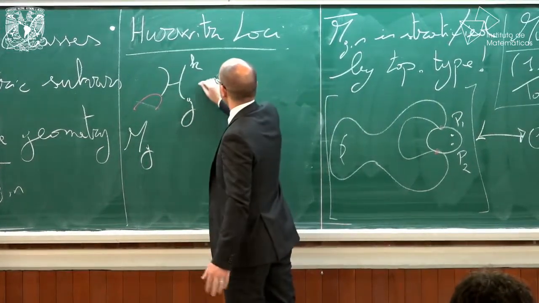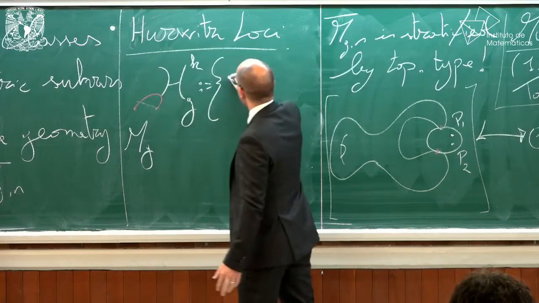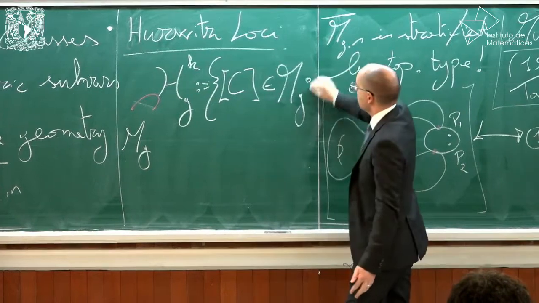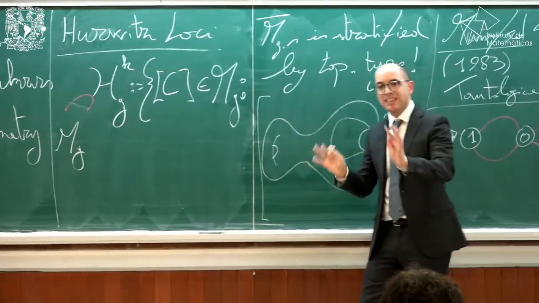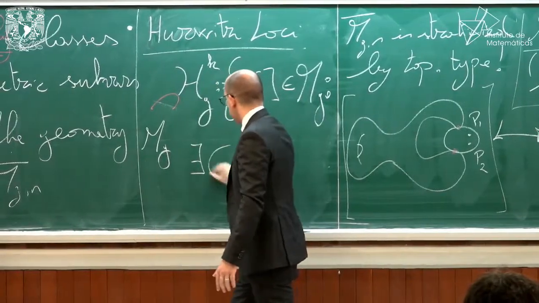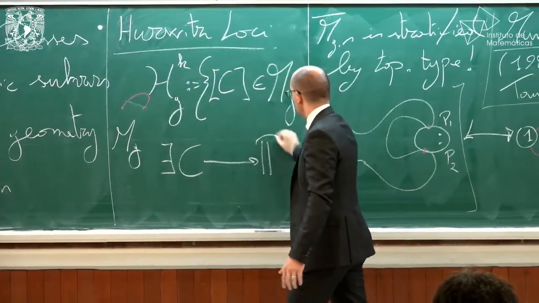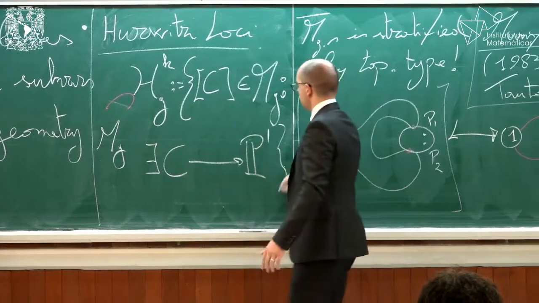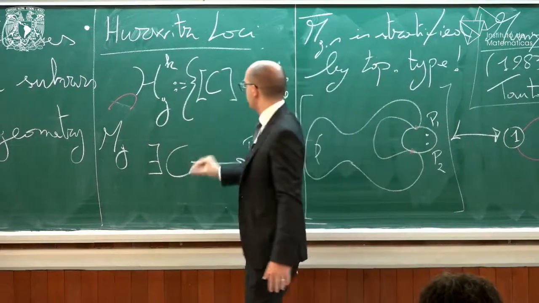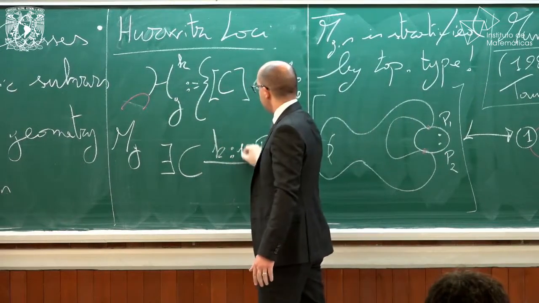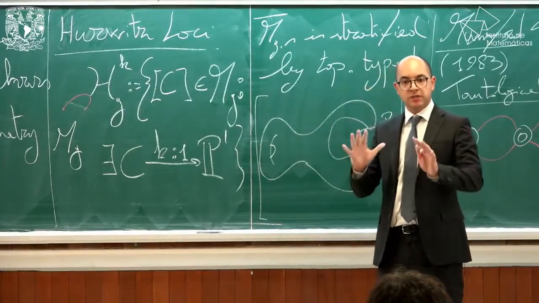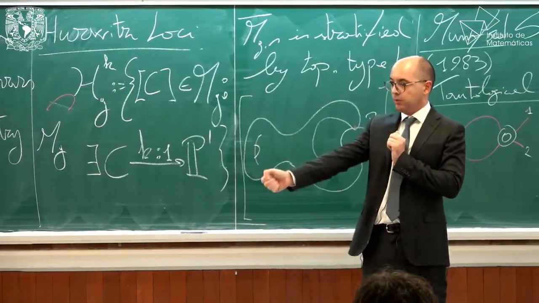I want to look at the locus of all curves of genus g such that a certain geometric condition is satisfied. Namely, there exists a map from C to P1, the Riemann sphere. I have used g as the genus of my curves, so I have to use the letter k: I want my map to be of degree k. Okay, I look at all curves of a fixed genus which admit a map of degree k to P1.